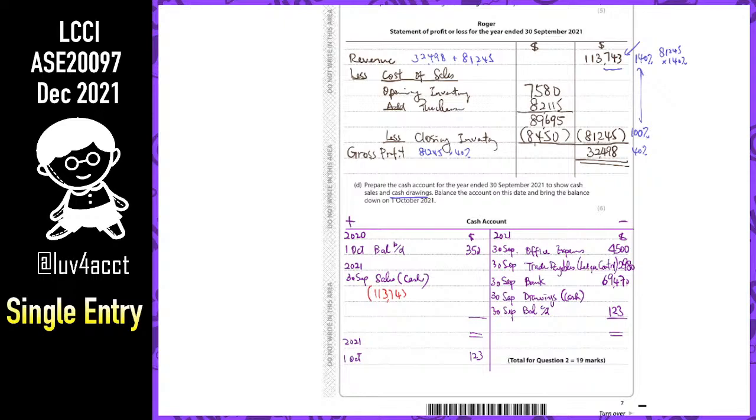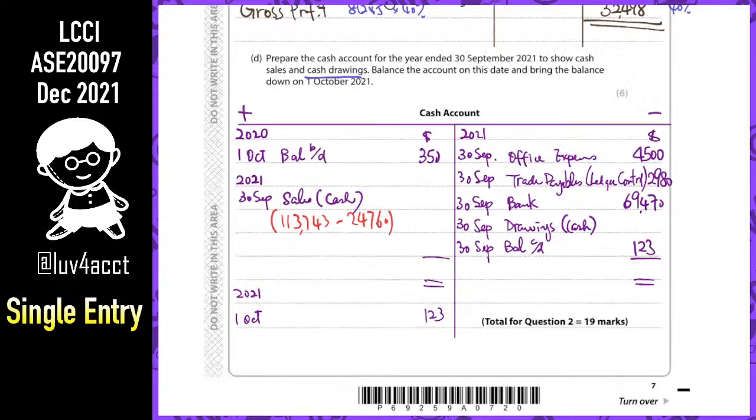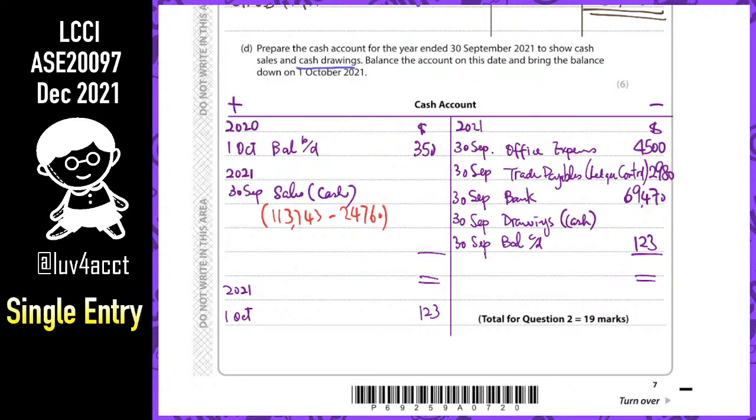This is our total revenue. If we have credit sales of 24760, we know the remaining would be our cash sales. So 113,743 less 24760, we have cash sales of 88983.